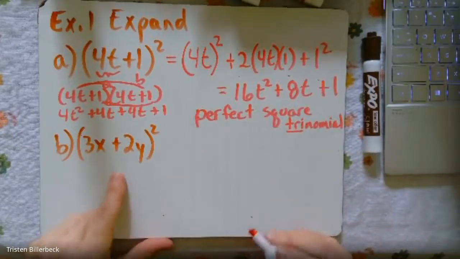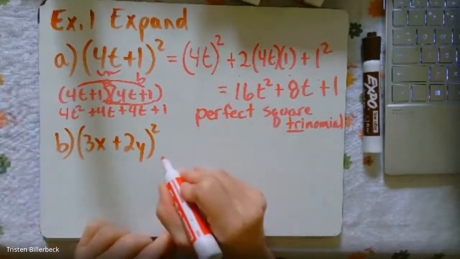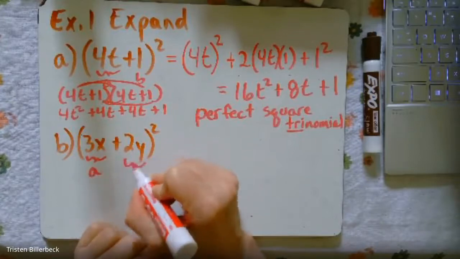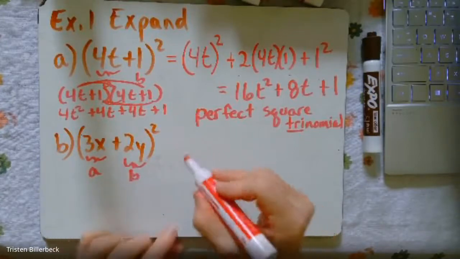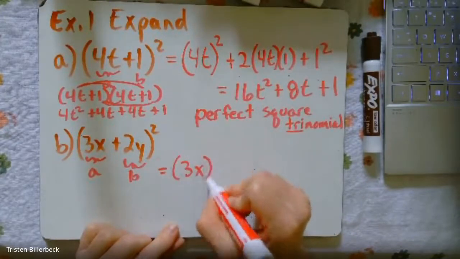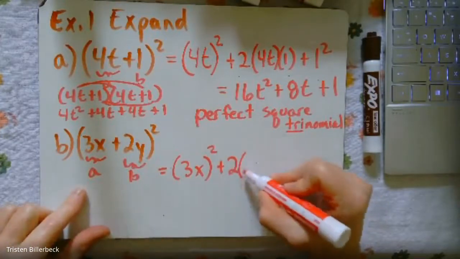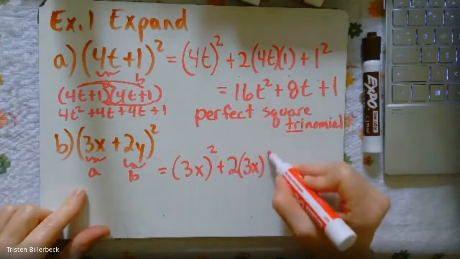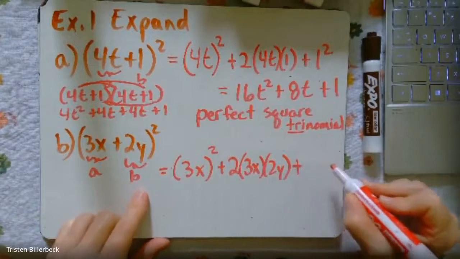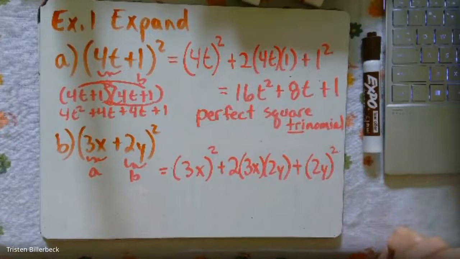Okay, if we use the special product for this blindly without expanding, this is going to be my A, this is going to be my B. So I'm going to have 3x, and the whole thing squared, plus 2 times A, which is 3x, times B, which is 2y, and then the last term is b squared, so 2y squared.